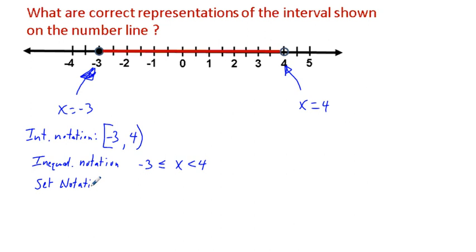Really, set notation to me is easier after you consider interval notation because it's very similar. So we're going to have x such that x is greater than or equal to -3 but less than 4. So that would be our set notation. So be ready for any and all of these notations.